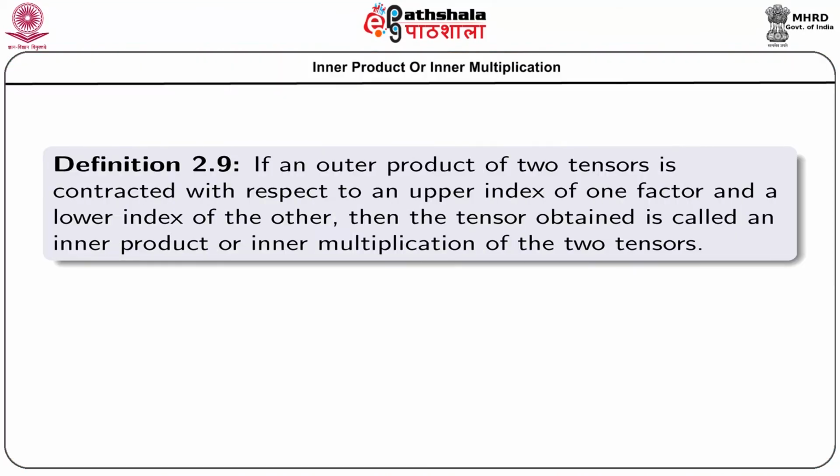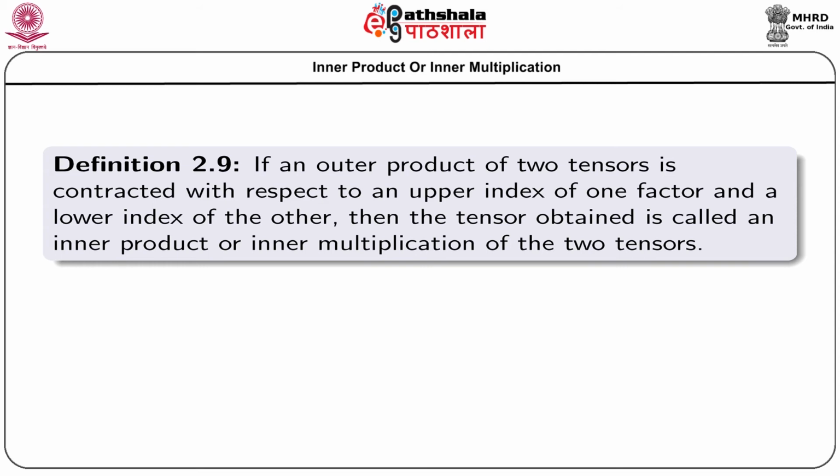This is actually the generalization of the dot product of vectors. So, in the next few slides, we shall define inner product or inner multiplication of tensors with some examples.